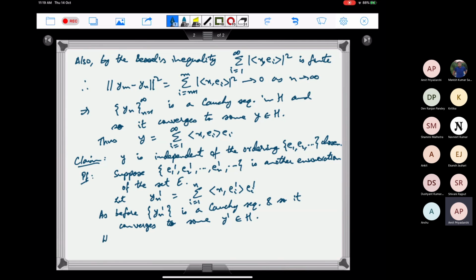So we need to show that y dash is equal to y.